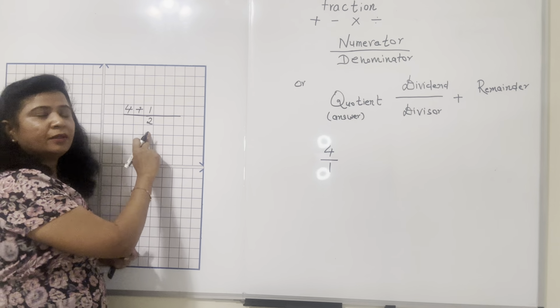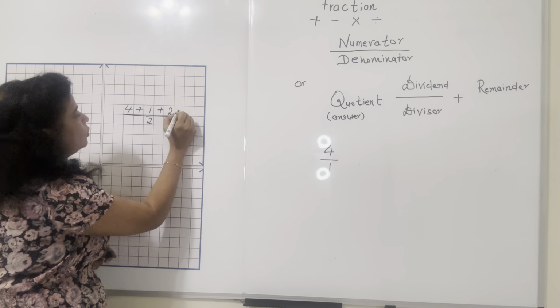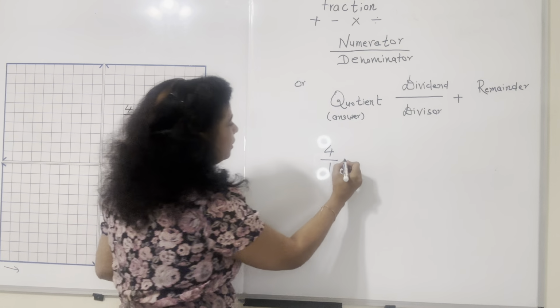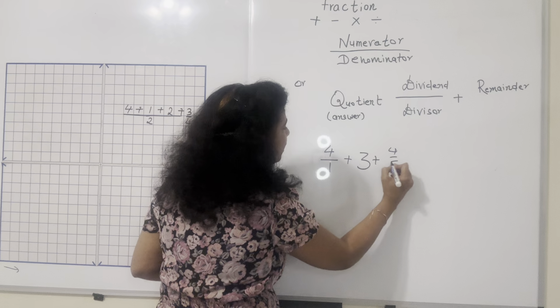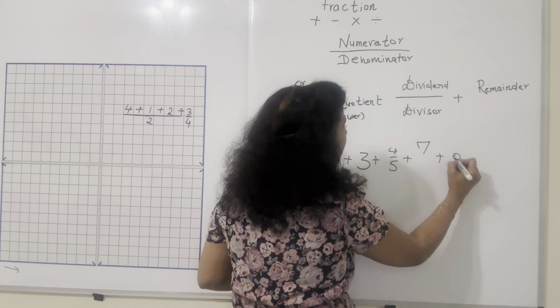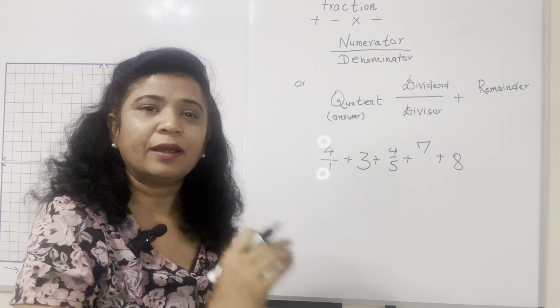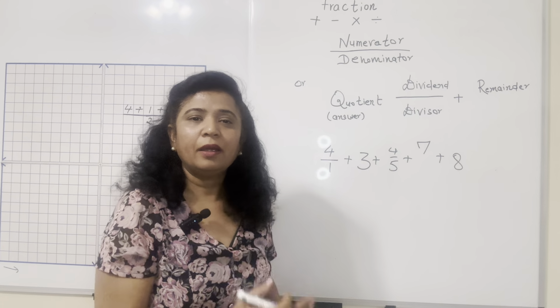Make sure that you write the whole number in that form itself, like 2 plus 3 over 4. You should not be writing the plus 3 in between, plus 4 by 5, plus 7 somewhere here, plus 8 here. No. Always write in one line, because everything can be written as numerator and denominator.